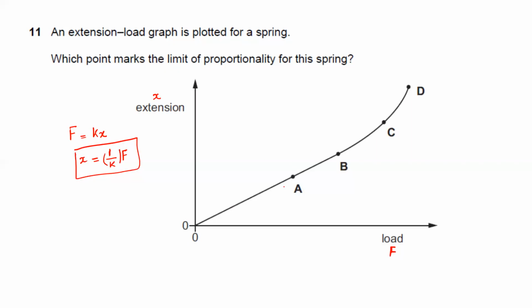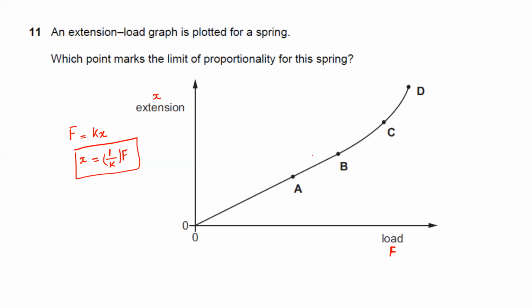The point till which the line remains linear is the point where the proportionality limit is achieved. Here we have to find which point marks the limit of proportionality.